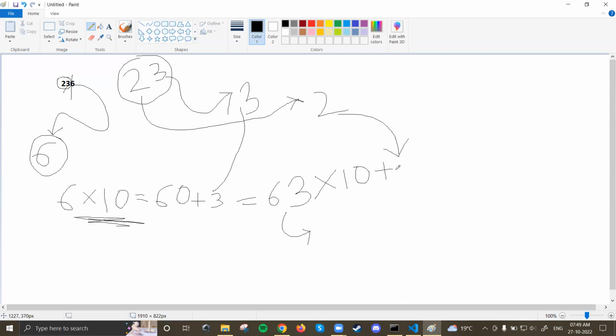So 63 into 10 is 630, plus 2 is 632. If you observe, we have got the reverse of this number. It was 236, now it is 632. Are you getting what I am trying to do?